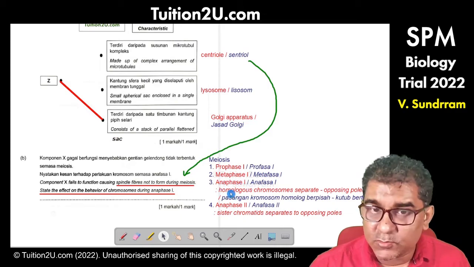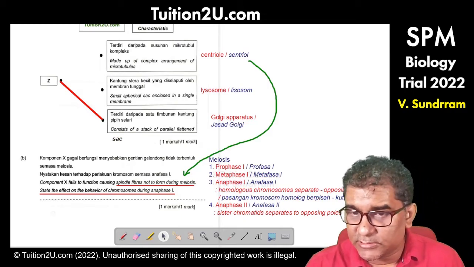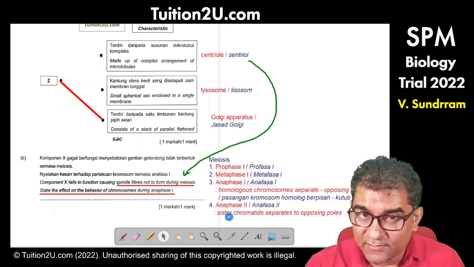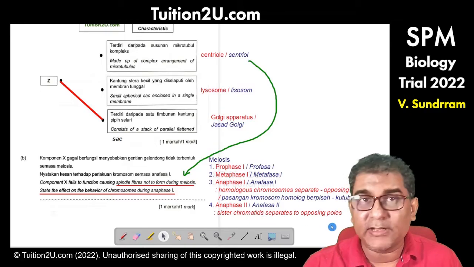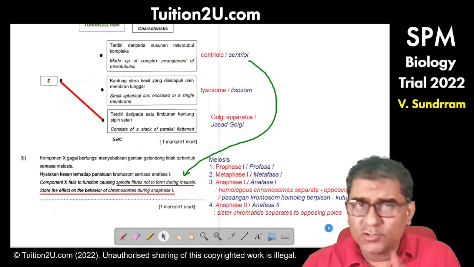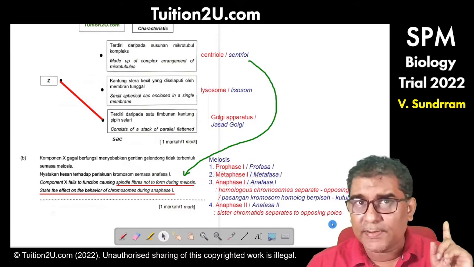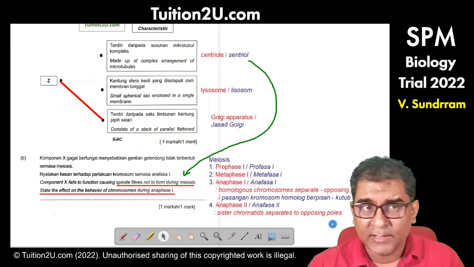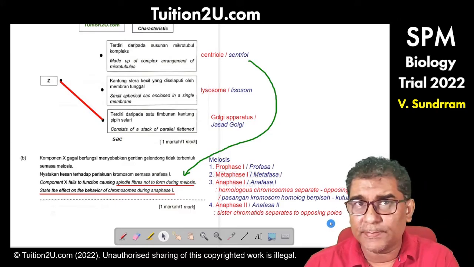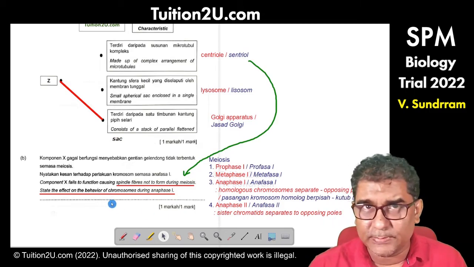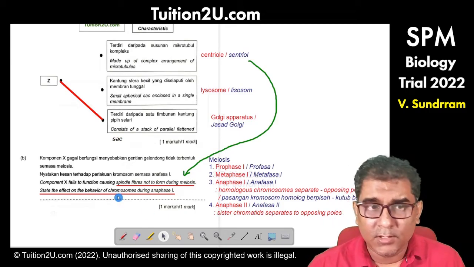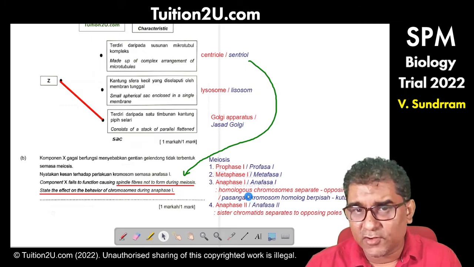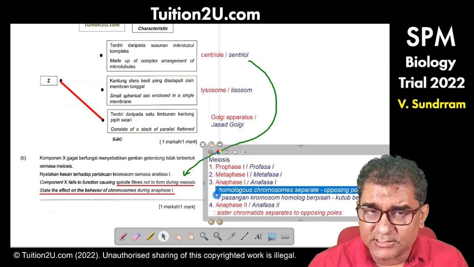So anaphase 1, homologous chromosomes separate to opposing poles. Anaphase 2, sister chromatids separate to opposing poles. I already used this answer in the Sekolah Berasrama Penuh trial paper. Now we are doing the Kelantan trial paper, and again we are using the same explanation. This is antonym. So if the spindle fiber doesn't form, you just use this answer, mention it doesn't happen.